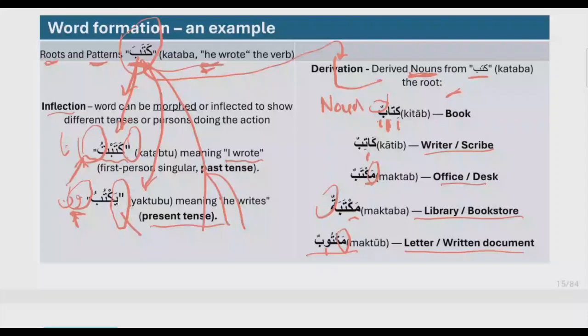From one basic root form, you can get literally tens and sometimes even hundreds of words. Because if you add, this table here, this past tense, it gives you 15 different words. In the present tense, it gives you another 15.